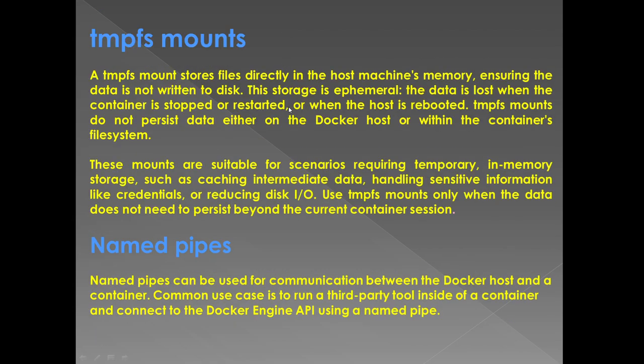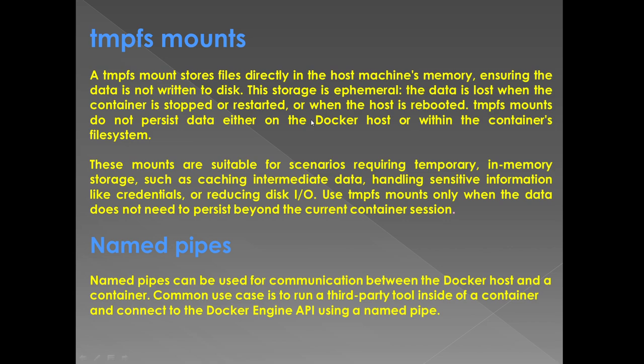tmpfs mounts. A tmpfs mount stores files directly in the host machine's memory, ensuring the data is not written to disk. This storage is ephemeral. The data is lost when the container is stopped or restarted, or when the host is rebooted. tmpfs mounts do not persist data either on the Docker host or within the container's file system.